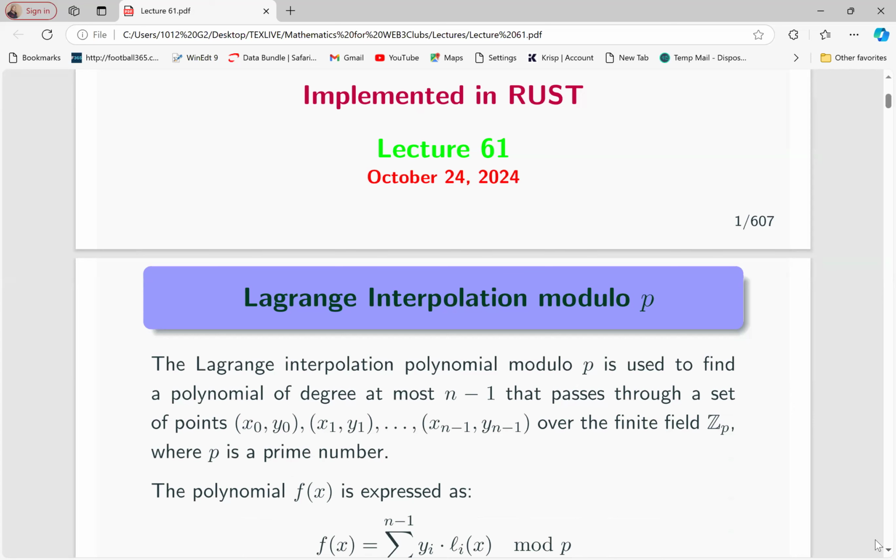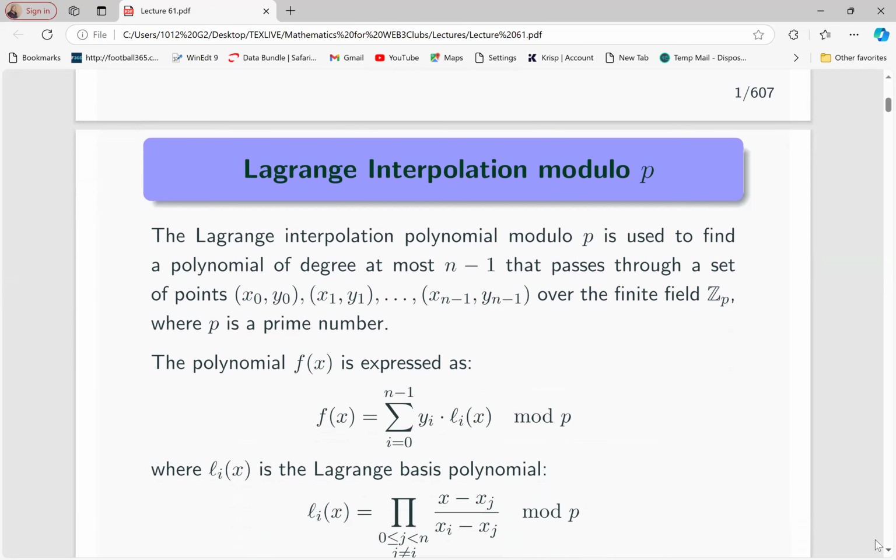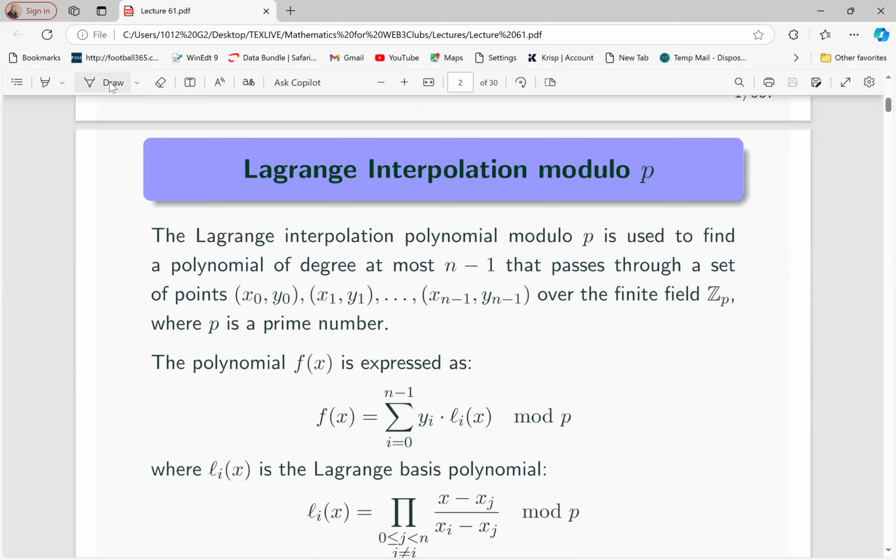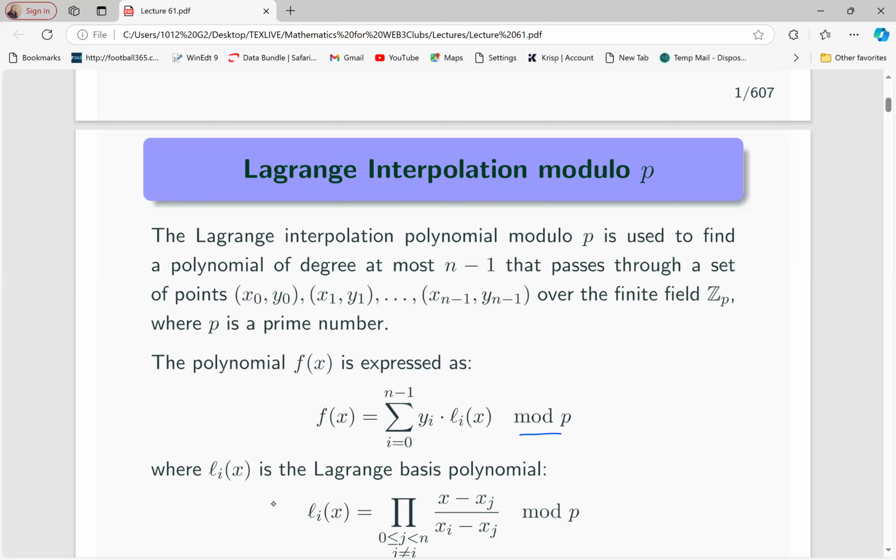So that is the only difference. But the rest of our steps will remain the same. So the formula, again, is just the same formula. The only difference is we'll be doing mod P. So this is a summation of Lagrange basis polynomials multiplied by their respective y coordinates.